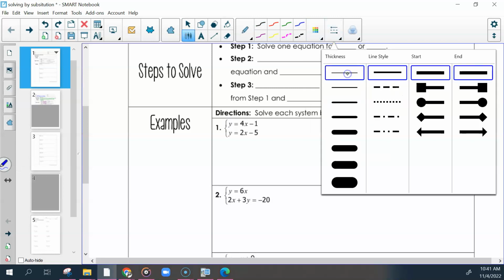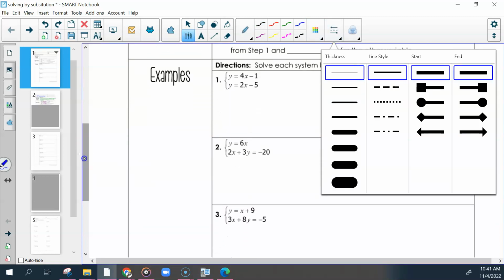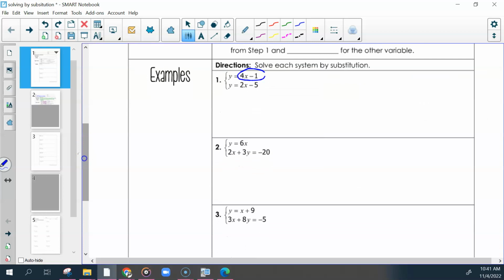For this type of problem, you have choices. You can either take this expression and put it in for the second y, or take the second expression and put it in for the first y. Doesn't really matter which one, because at the end, it's still going to look like this.